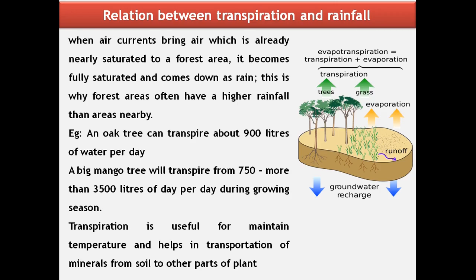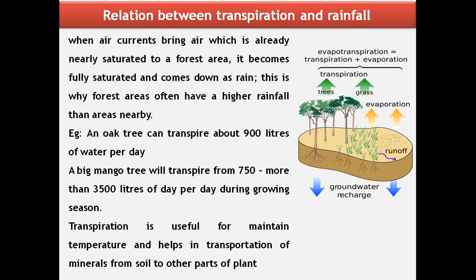So, whatever water vapor is coming out is mixed with the moisture in the air, the air gets saturated, and due to this it rains. This is why forest areas often have higher rainfall than nearby areas, because more trees are there in the forest, so more water vapor, more saturation and more rains.